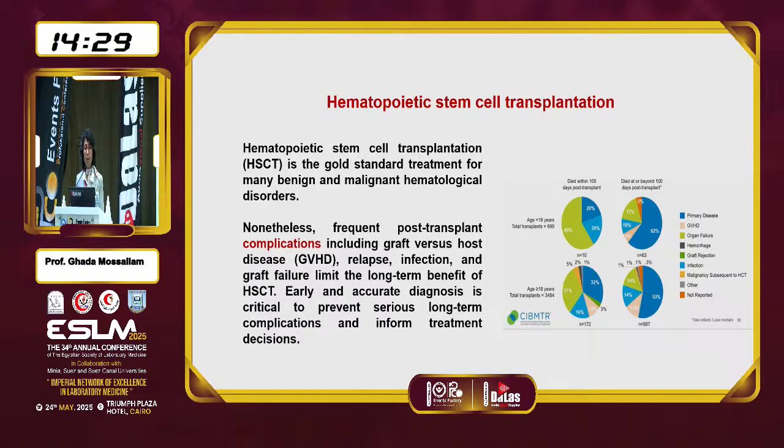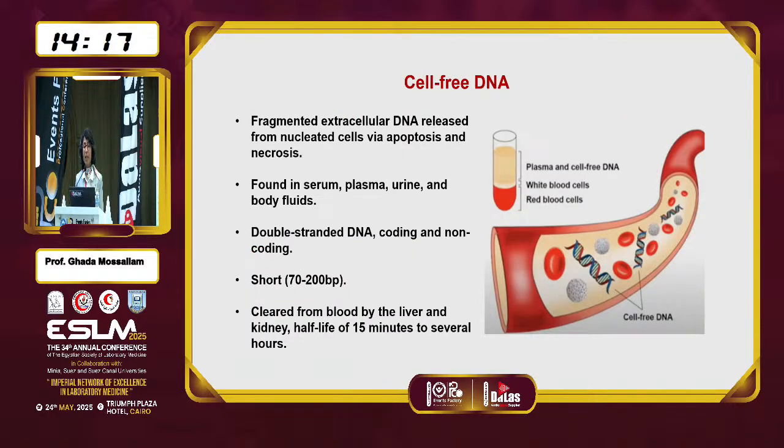Early and accurate diagnosis of this complication will help to prevent this serious long-term complication and to inform about different treatment decisions. Cell-free DNA consists of fragmented extracellular DNA released from nucleated cells via apoptosis and necrosis.